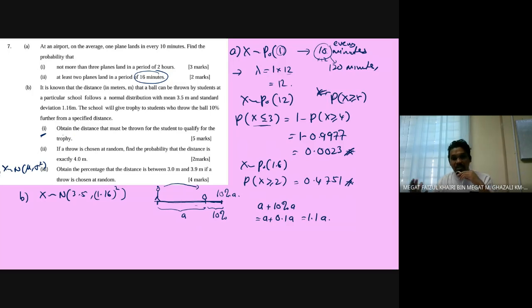The student wants the trophy, so they must throw the ball according to A plus 10% of A. So the probability of X greater than A equals 0.1A, which is 10% of A, divided by the total distance from A plus 10% of A, which is 1.1A.